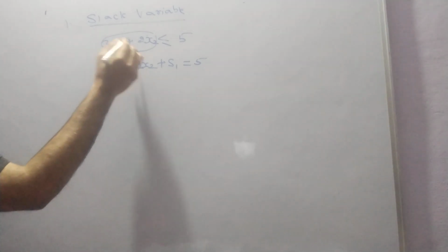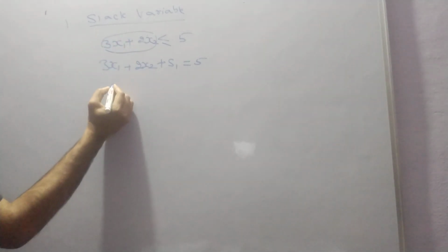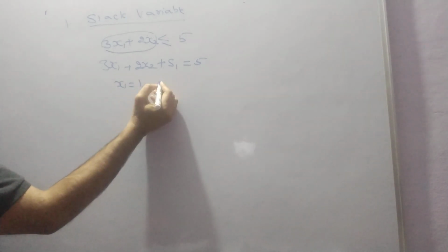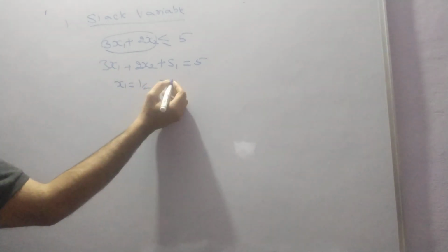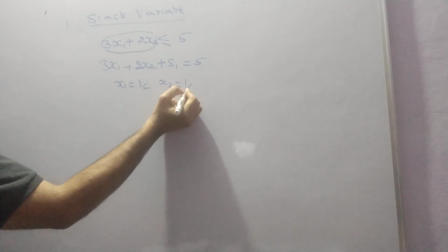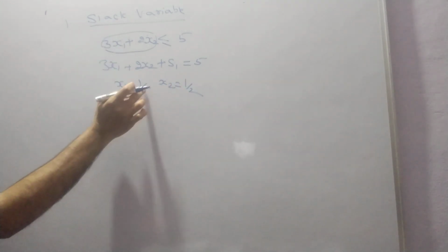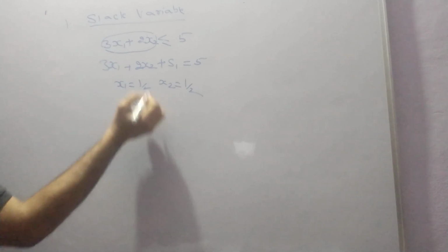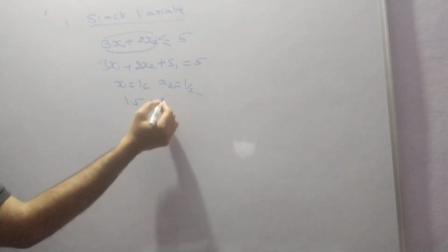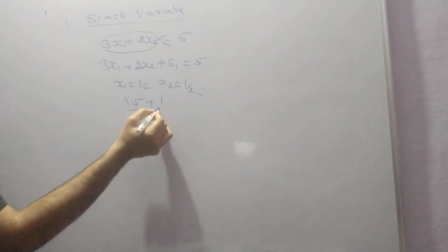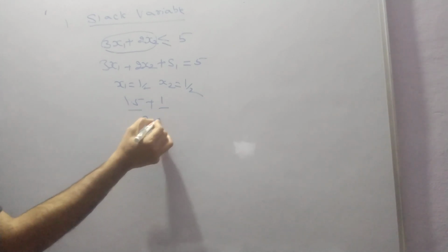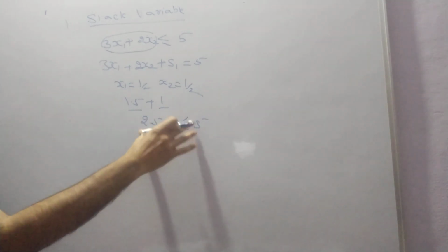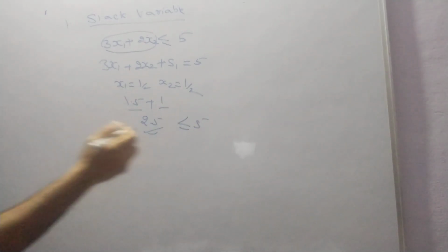Suppose your x1 value equal to half. This is only an example I am telling here, x2 equal to half. Now you put these two values here: 3 by 2 is 1.5, 2 into 1 by 2 is 1. So 1.5 plus 1 is 2.5. So your value is less than or equal to 5. To make these two values equal, what I have to do?